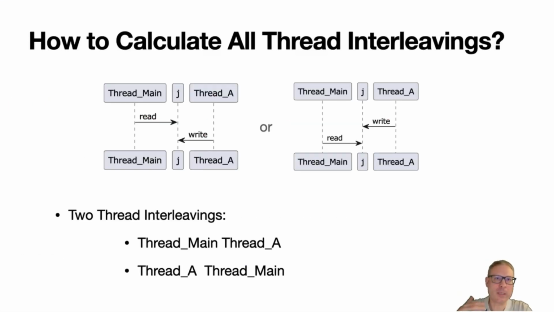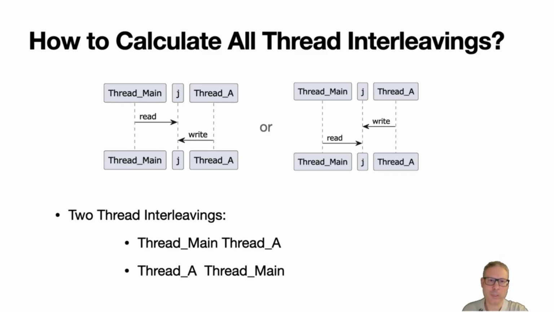So this is the way we can calculate thread interleavings. For all dependent operations, like in our example, the read and the write to the same variable, we have to make sure that we always have both interleavings. So in our case, we needed to execute first read and then write, and first write and then read.